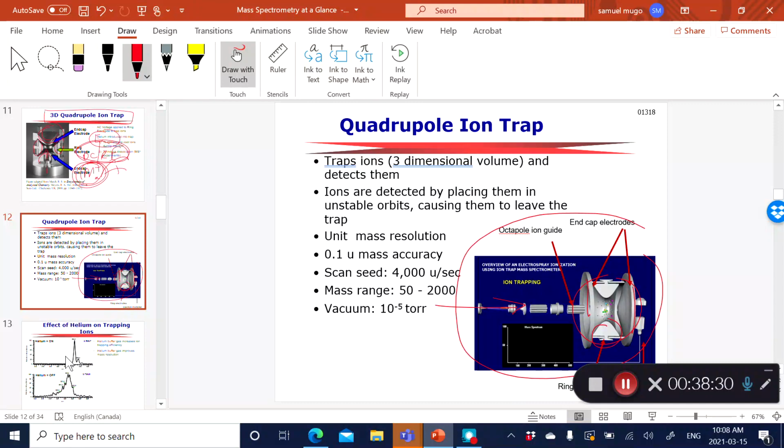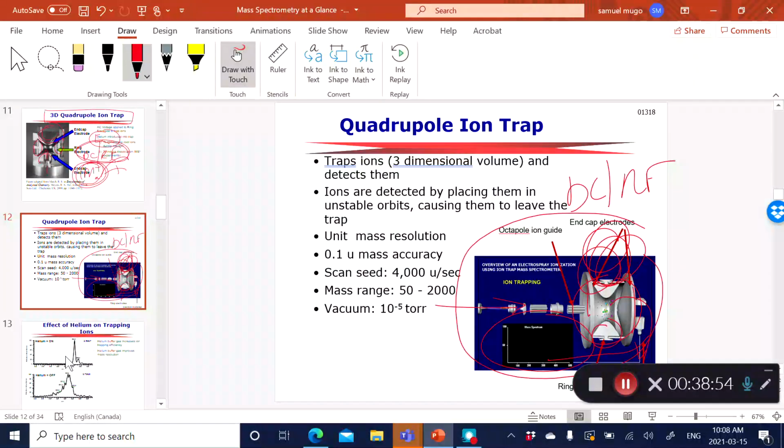You're applying DC slash RF voltages, and the ions get deflected and they escape the trap based on their mass to charge, and they get detected using an electron multiplier, and then you've got a mass spectrum in the end.